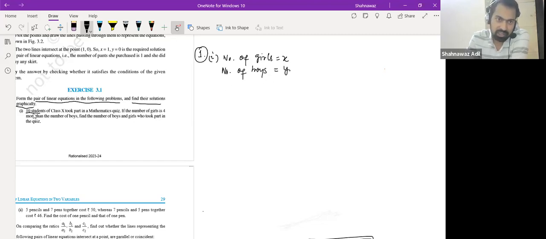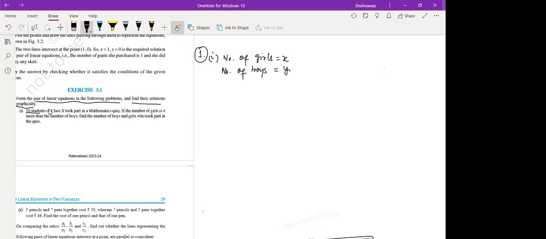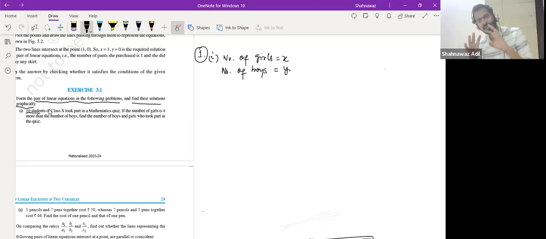And 10 students. So in that class 10, we have 10 students. So the number of girls and the number of boys combine together to give 10 students. What would be the equation to represent that scenario? Total students is 10.